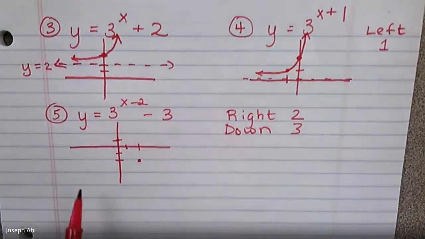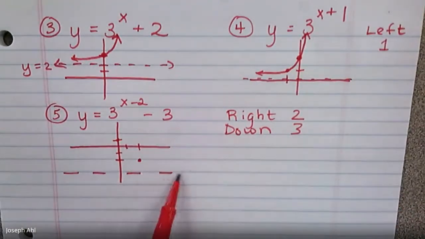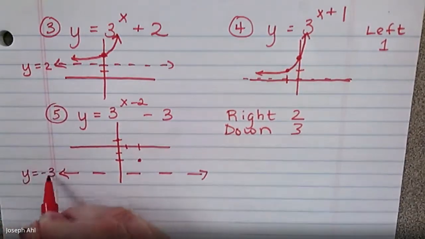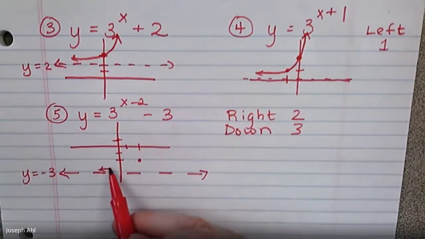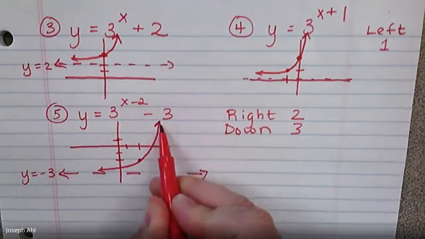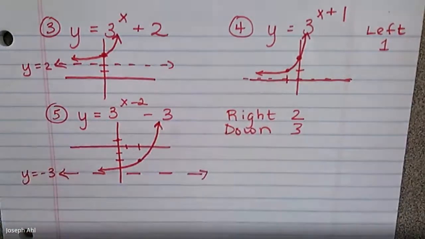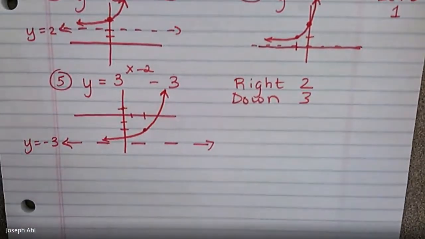The other thing I know is that since we move down 3, the horizontal asymptote moves down with it. So here's the new horizontal asymptote that I want you to sketch in, because when I go to make my graph here, for accuracy purposes, we want to make sure we're approaching the correct horizontal. And in this case, according to the vertical shift, it does move it down 3. So we get y equals -3 as that line there.